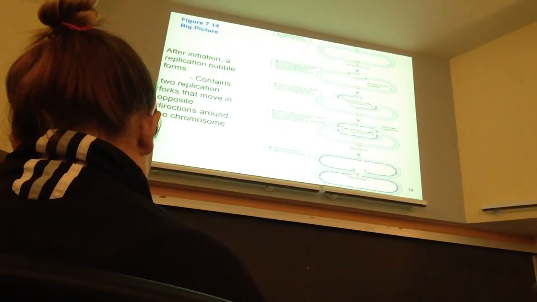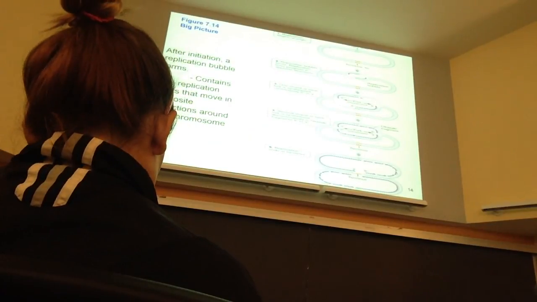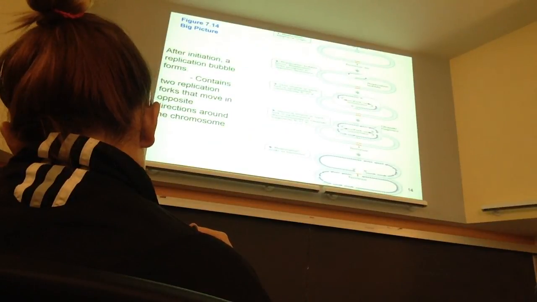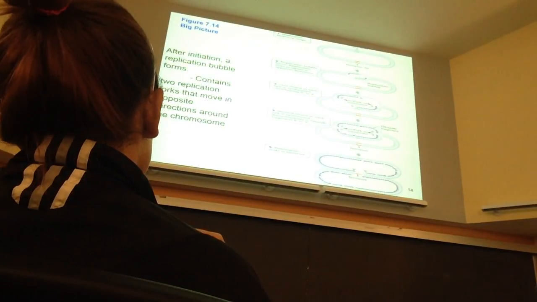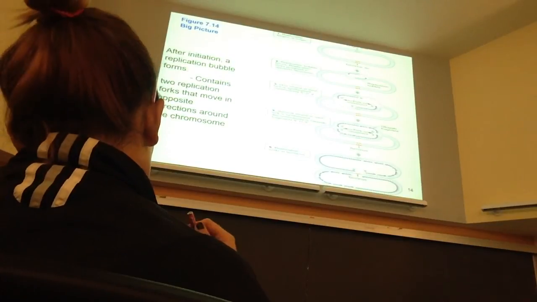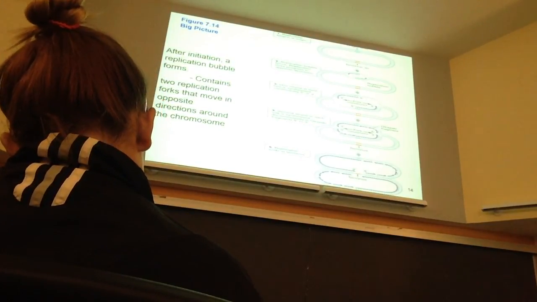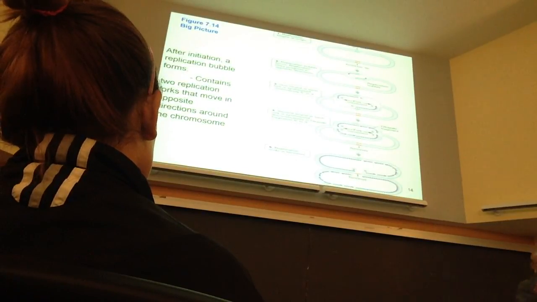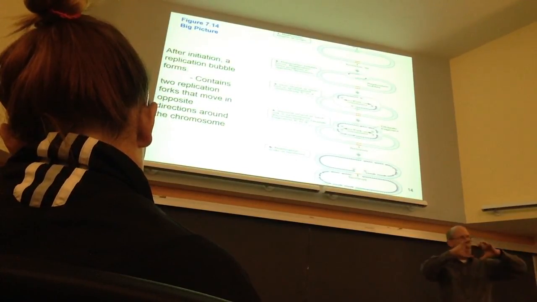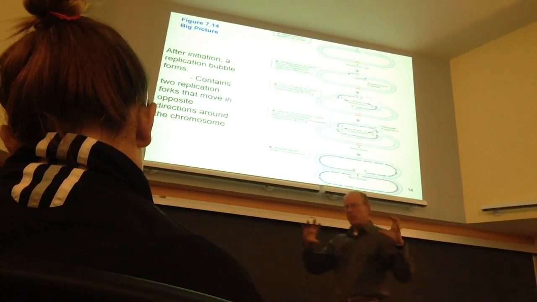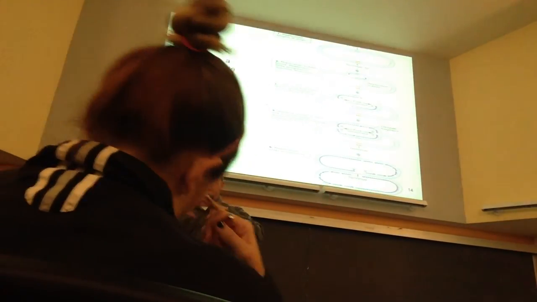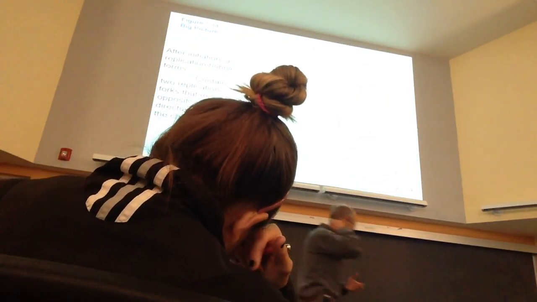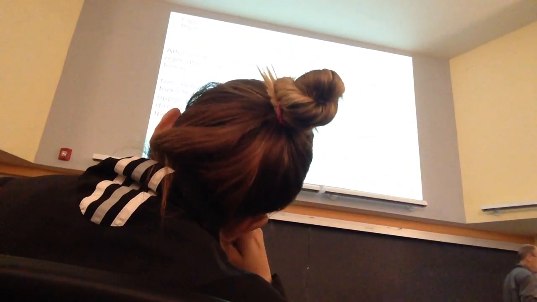So here is the big picture of an entire chromosome that needs to be replicated. And there's what we call a replication bubble. Here is 1 replication fork, and here is a second replication fork. Simply see how that bubble expands, and that replication bubble expanding represents the synthesis of more and more of that chromosome. Okay, so that's the big picture view.